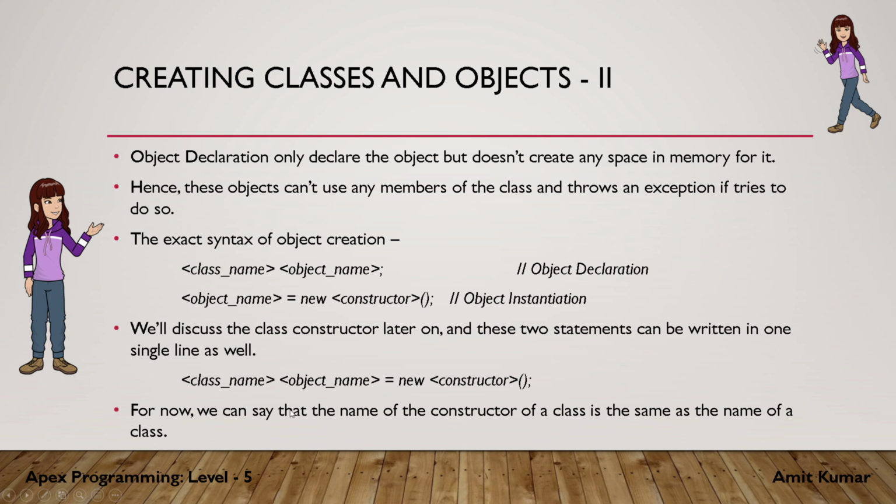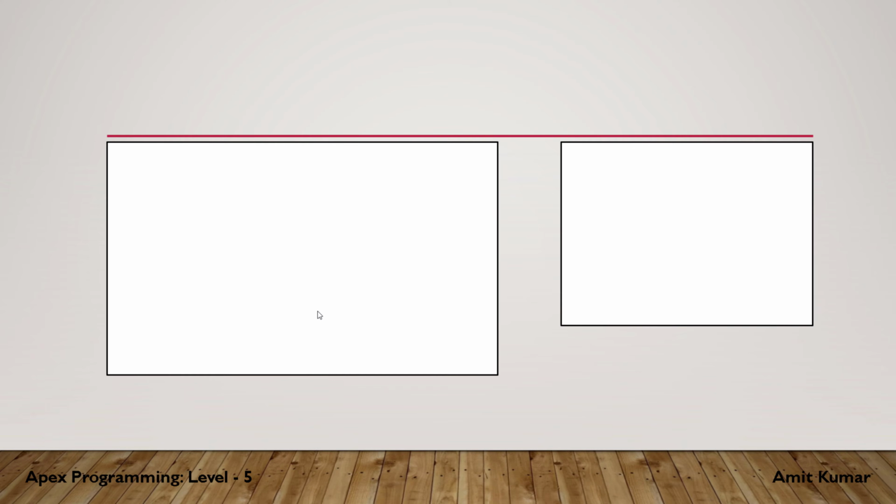So this constructor and new keyword are essential so that space for the data members and the member methods is taken in memory, and then after the object instantiation we can call those members. Now let's try to understand what we have learned till now with the help of an example.